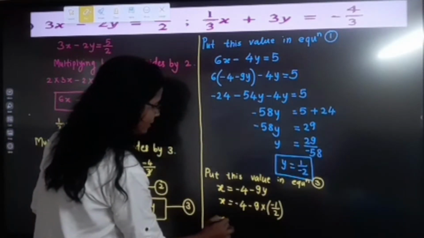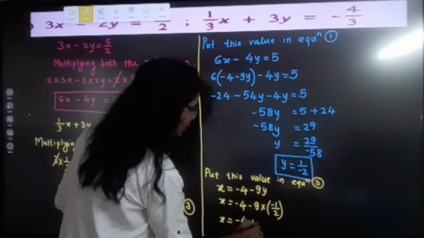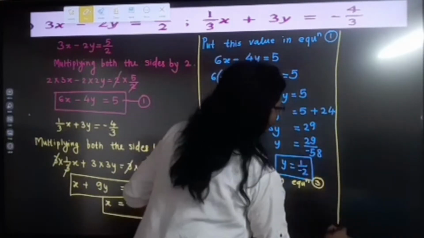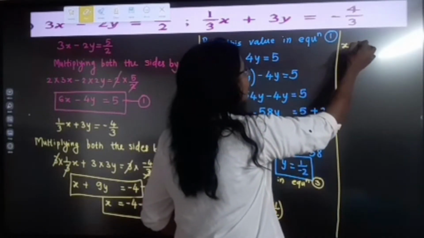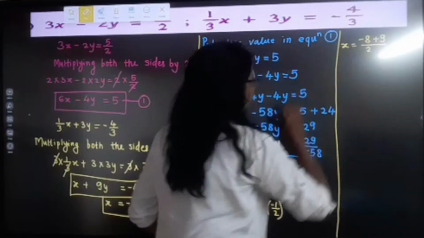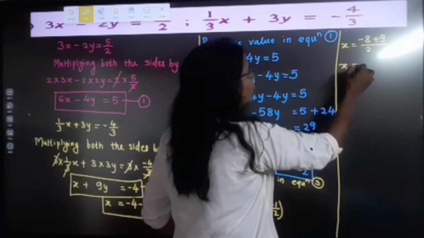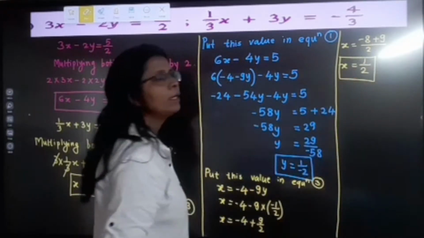So x is equal to minus 4 plus 9 upon 2. That means students, x is equal to minus 8 plus 9 upon 2. Okay. Then x is equal to 1 upon 2.